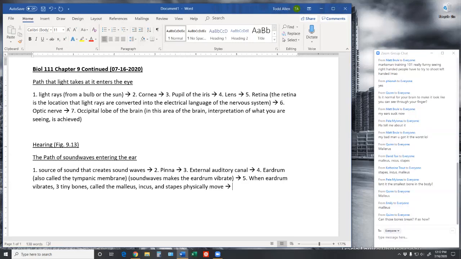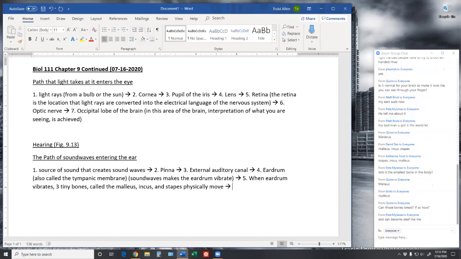Now, if you experience a really dangerously loud sound, like a firearm going right off next to your ear, very good likelihood you're going to rupture your eardrum. The eardrum may or may not heal. It depends on how bad the rupture was. And even if it does heal, a lot of times it is covered with scar tissue, so it does not vibrate as well. And you could become deaf.